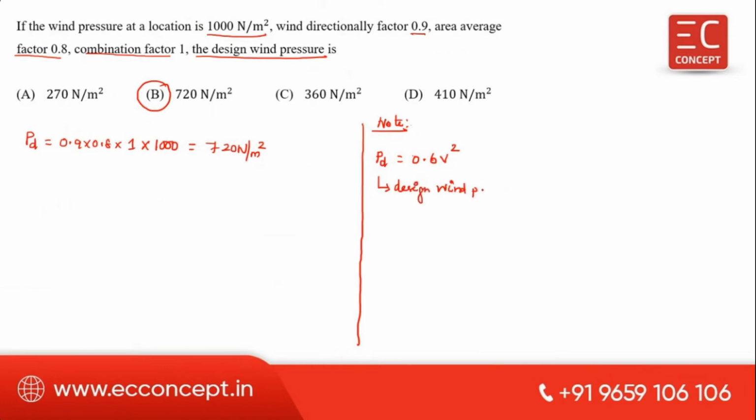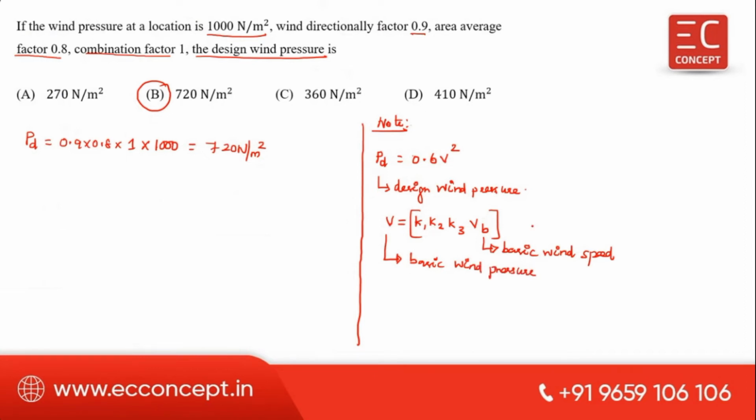Now V is equal to K1, K2, K3 into VB. VB is the basic wind speed. And this is the basic wind pressure.